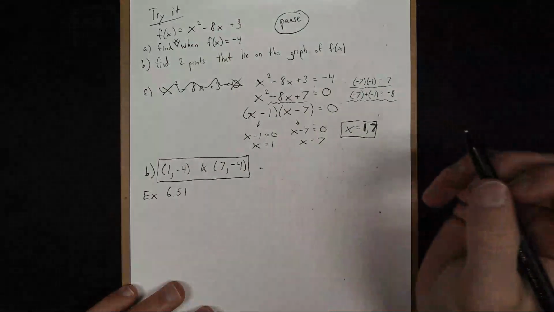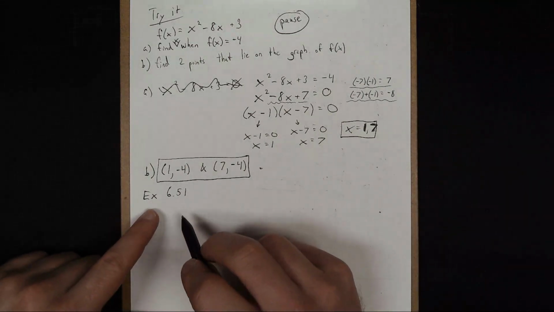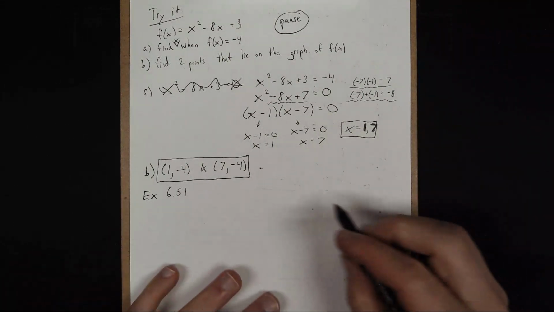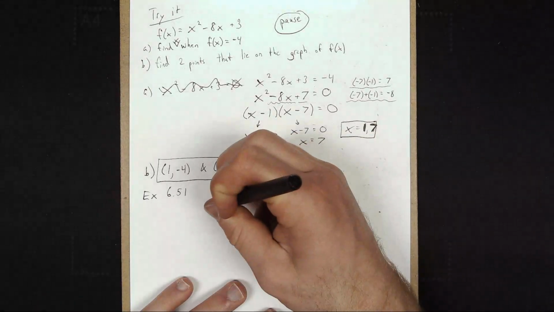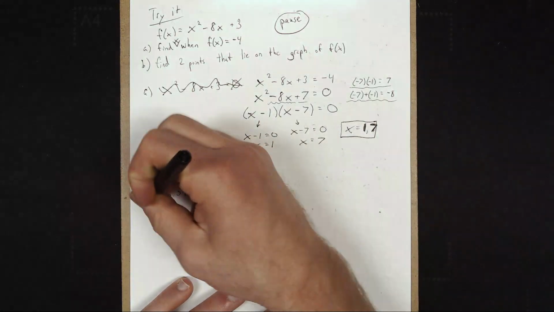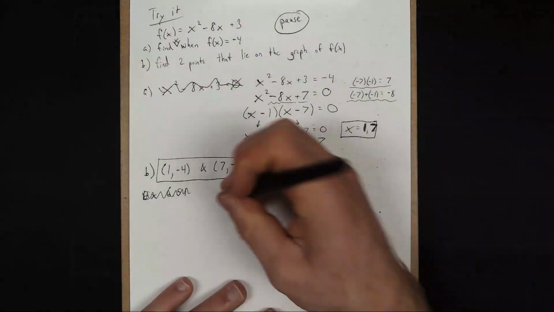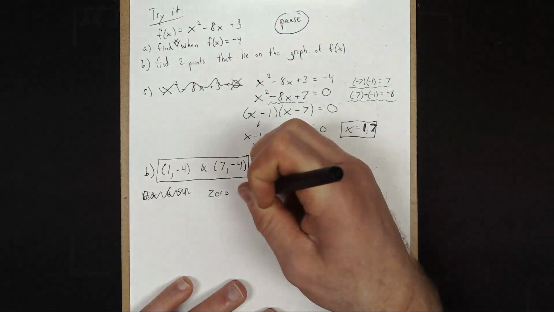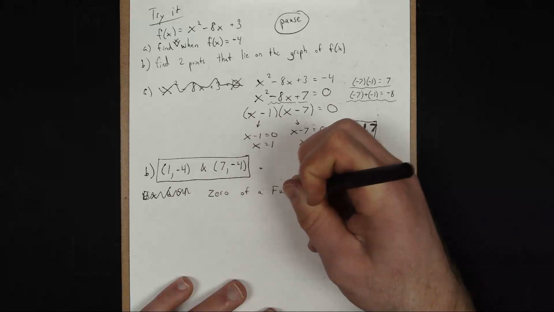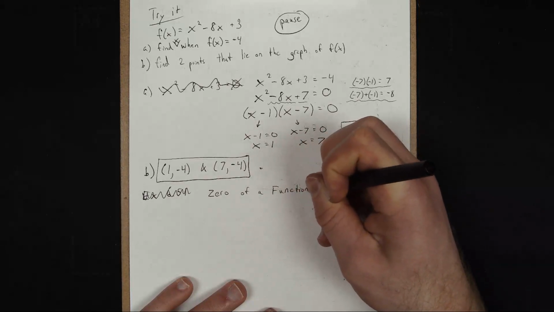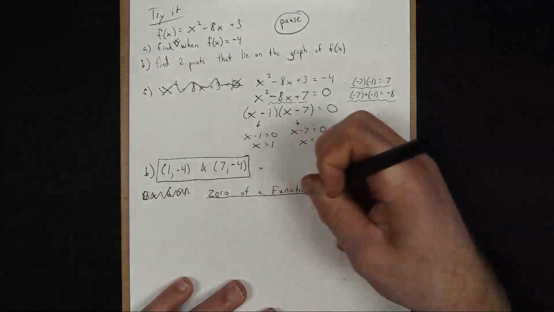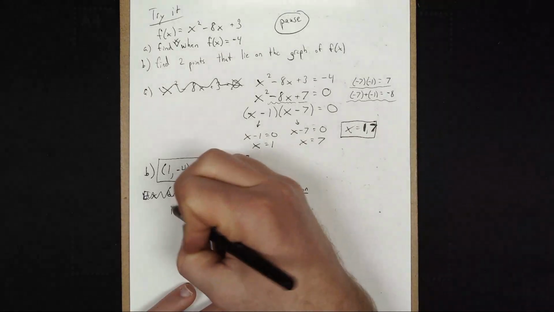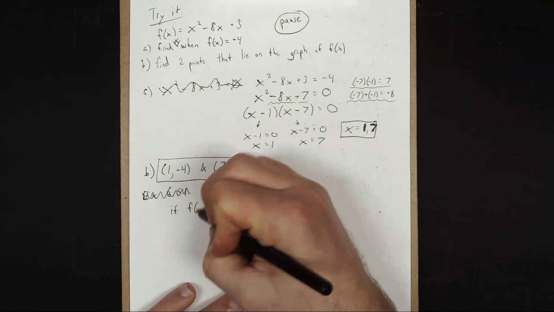All right. And before we can do this, you're going to need to know about 0 of a function. So let's cross that out. Do this really quick. 0 of a function. Okay. So all it is, here's a definition.